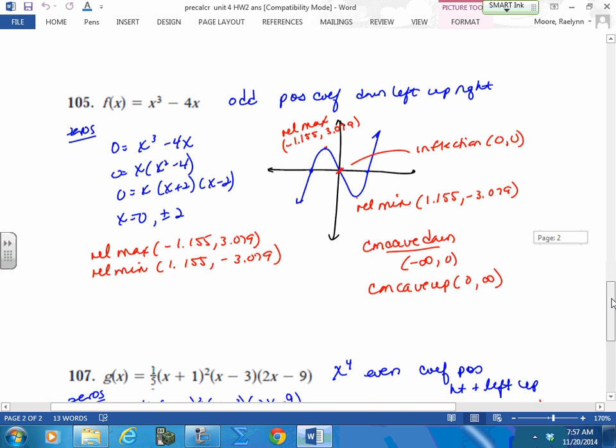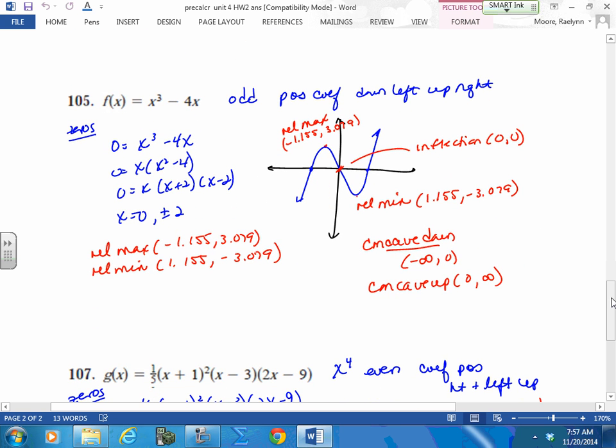Okay, here's another one. It's odd. It's positive. So it's following down on the left, up on the right. Okay, we know three zeros, 2 turns, 1 inflection point. Highest exponent.